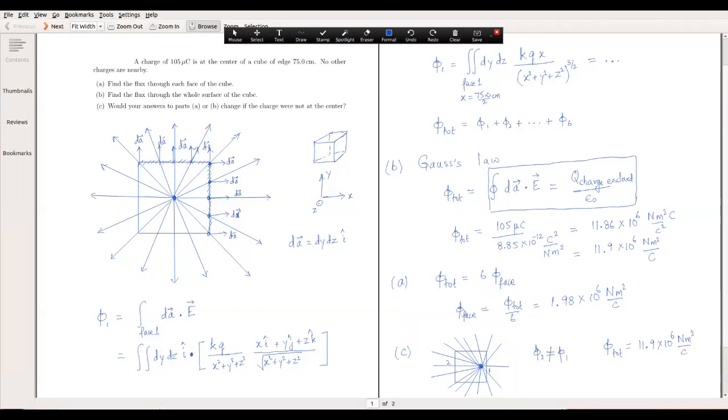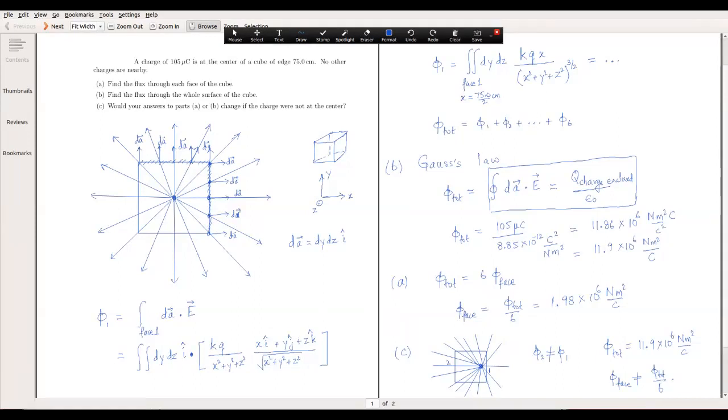But the flux due to a single face is not equal to the total flux divided by 6. So the answer to part A does change. We cannot actually now use symmetry, so we have to explicitly do it.